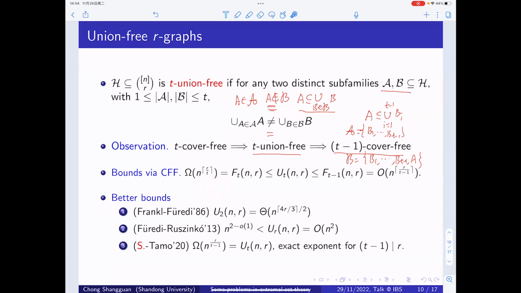So we basically show that t-union-free hypergraphs are closer to (t-1)-cover-free r-graphs than t-cover-free r-graphs. Our bound gives the exact exponent of U_t(n,r) whenever t minus 1 divides r. We will talk about the idea of proving this lower bound later.